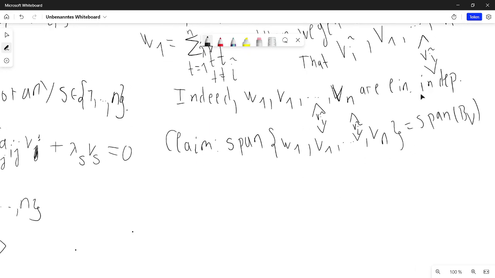And well, you see that this will be exactly a sum. W1 is multiplied by something, and this sum of these vectors multiplied each by something, right? So this is true.